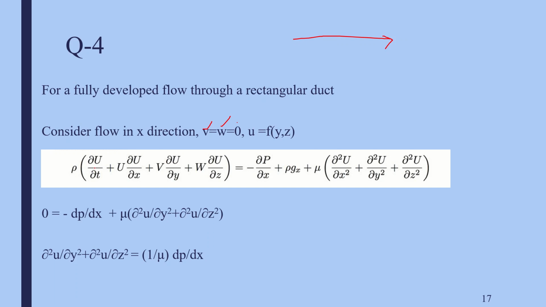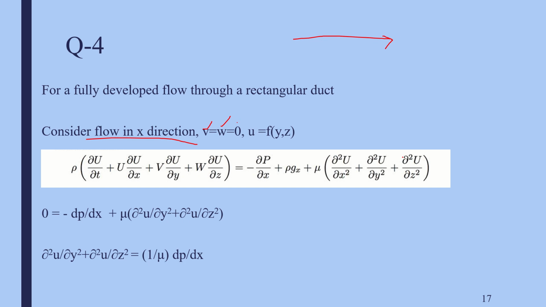The momentum conservation equation for flow in the x direction is given by ρ(∂u/∂t + u ∂u/∂x + v ∂u/∂y + w ∂u/∂z) = -∂p/∂x + ρg_x + μ(∂²u/∂x² + ∂²u/∂y² + ∂²u/∂z²).